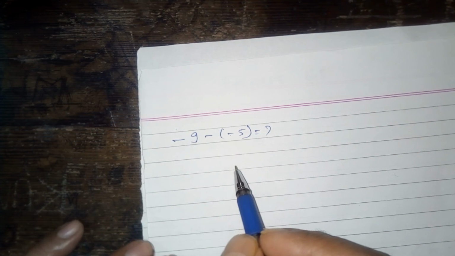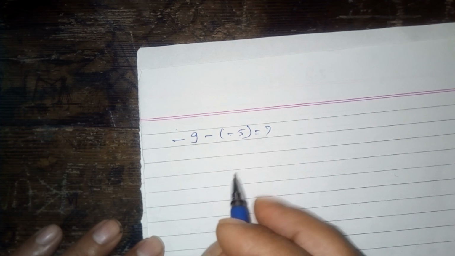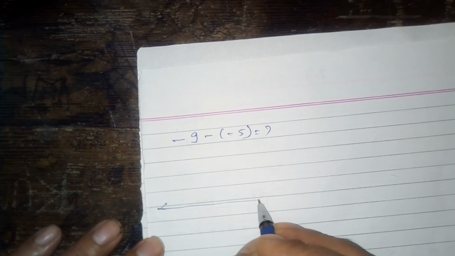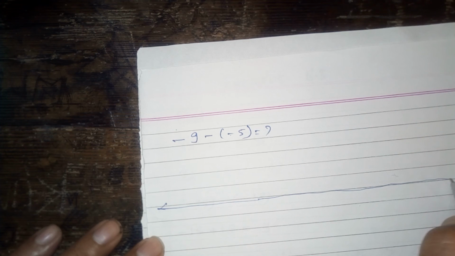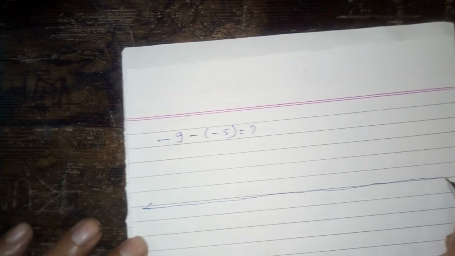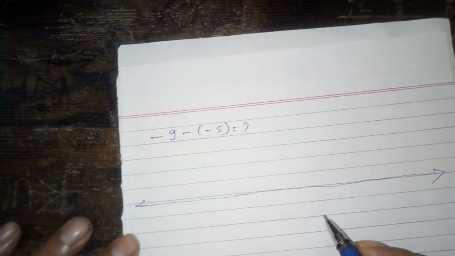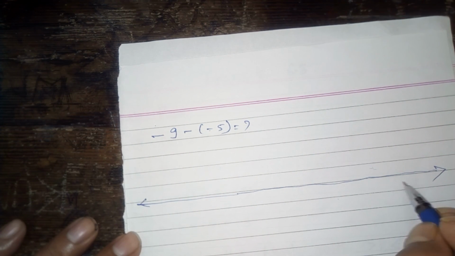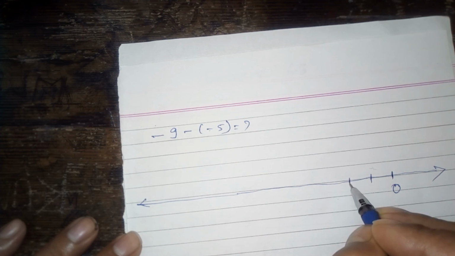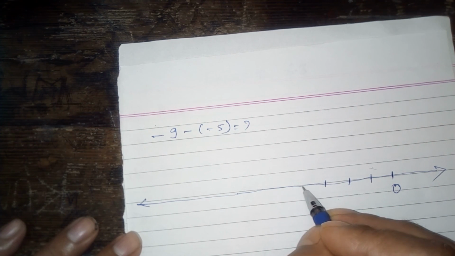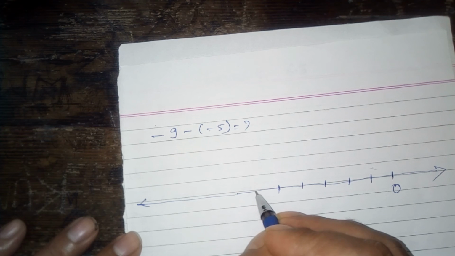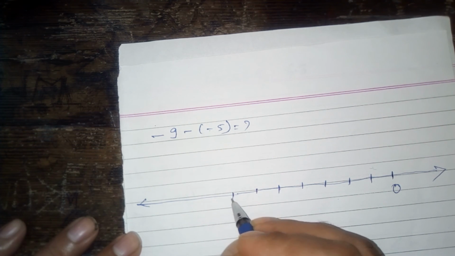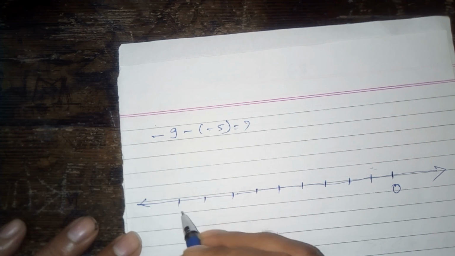Now let us discuss. First we make a number line. After making the number line, we will mark at equal distance. Suppose it is 0, then 1, 2, 3, 4, 5, 6, 7, 8 and this is 9.